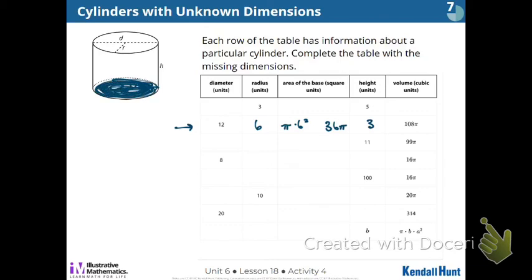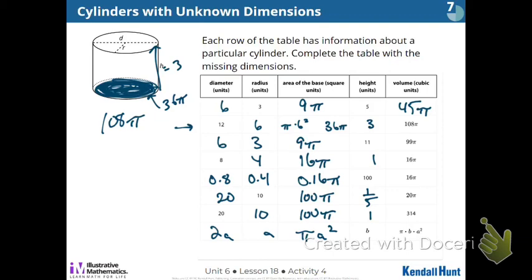And I need to multiply that by the height to total 108 pi, which means my height would have to equal 3, because 36 times 3 is 108. I want you to fill out as much of that table as you can in the next few minutes.